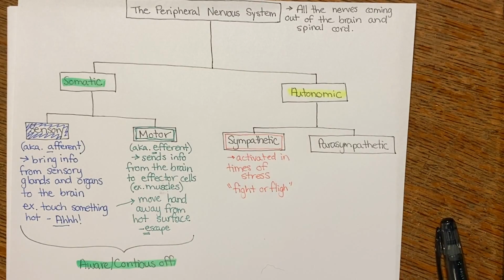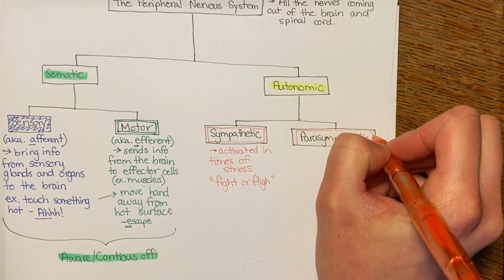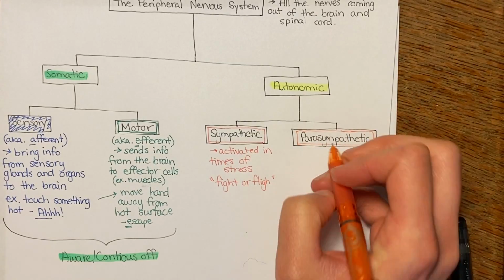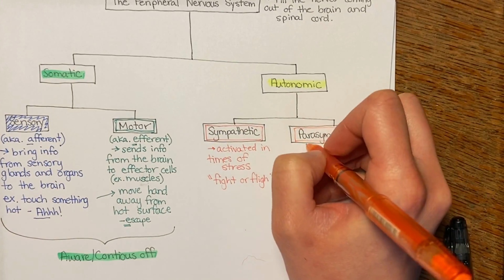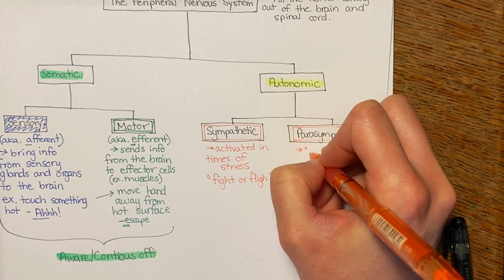Versus your parasympathetic peripheral nervous system, which is going to be in orange. This is what we would conversely call your rest and digest.